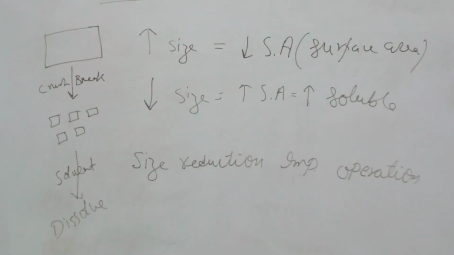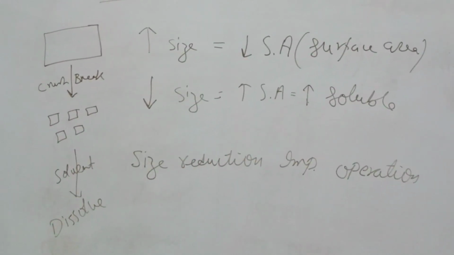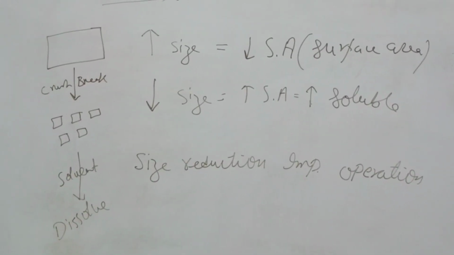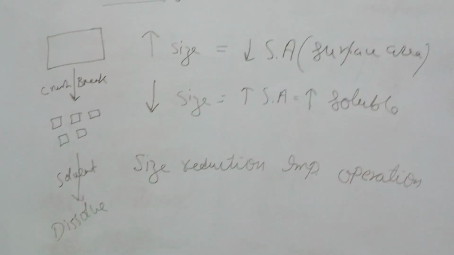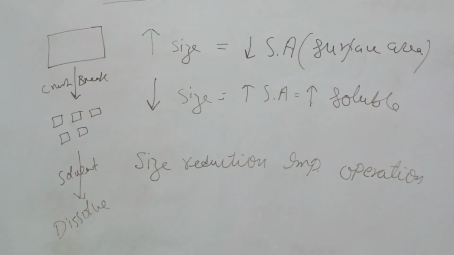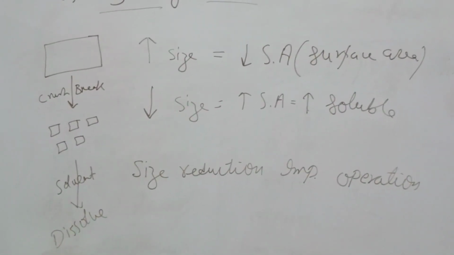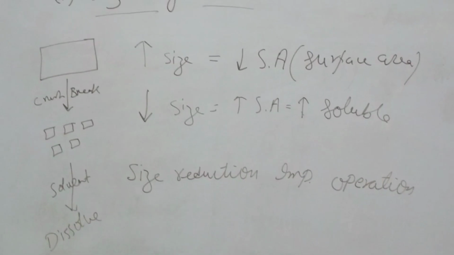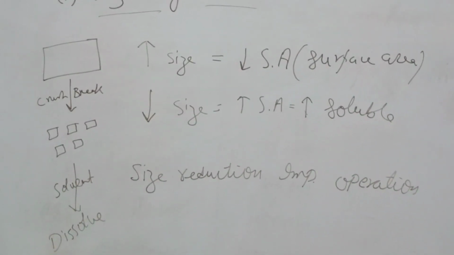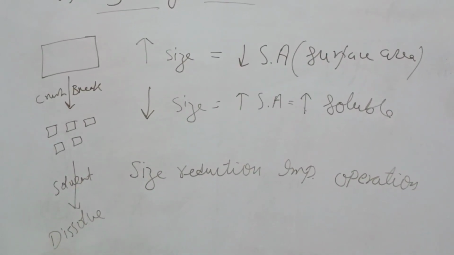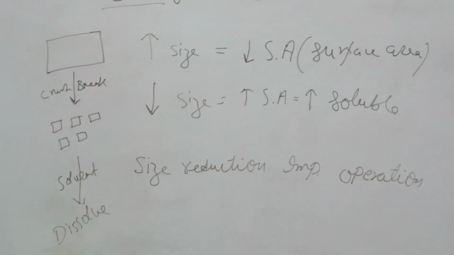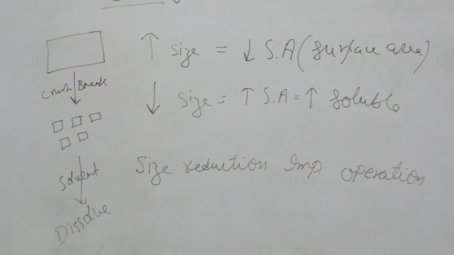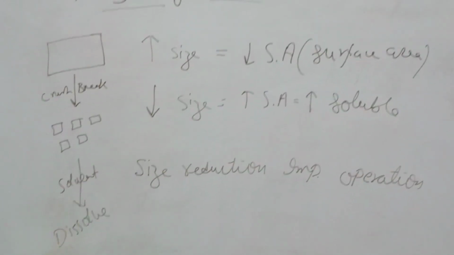These small blocks can be easily dissolved compared to the larger block, which, because of its greater size or less surface area, finds it difficult to dissolve compared to the smaller blocks produced by breaking it.